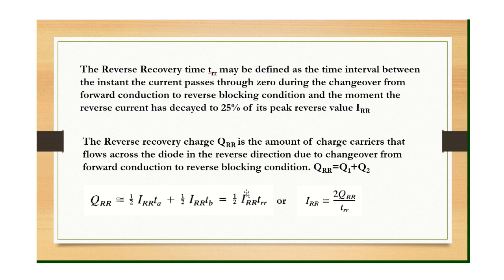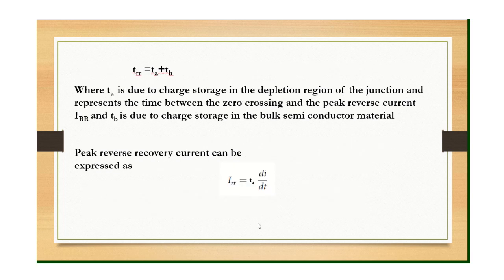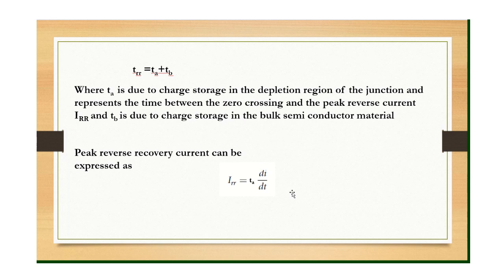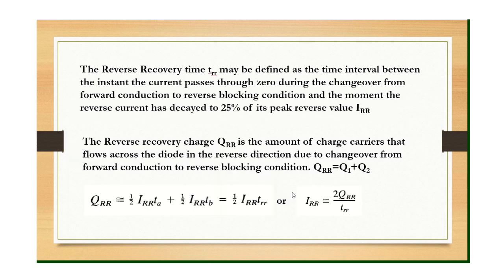It can be given as QRR is equal to Q1 plus Q2, where Q1 and Q2 you can see from the figure as two triangles. So the total QRR, the storage charge, can be taken as the total area of the two triangles.